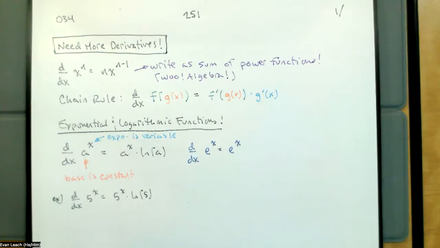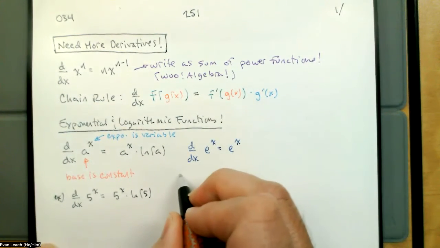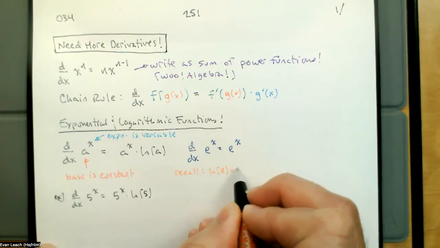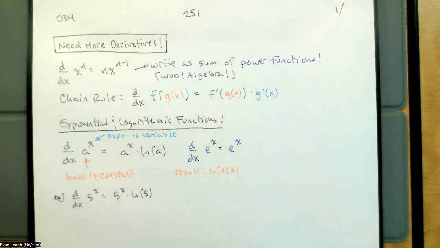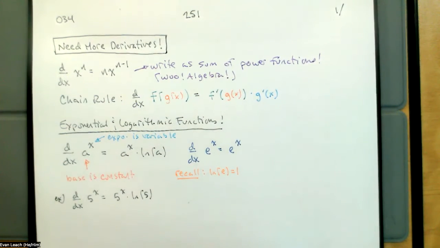And the answer, 1. So here is an important thing to remember. This one is the big deal. The derivative of e to the x is e to the x.